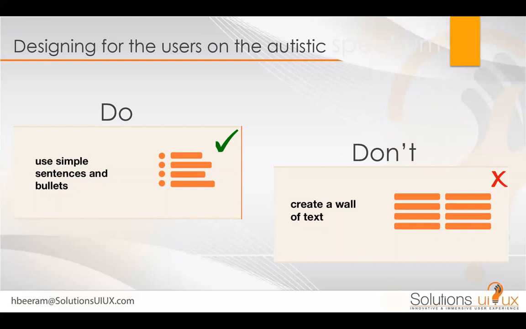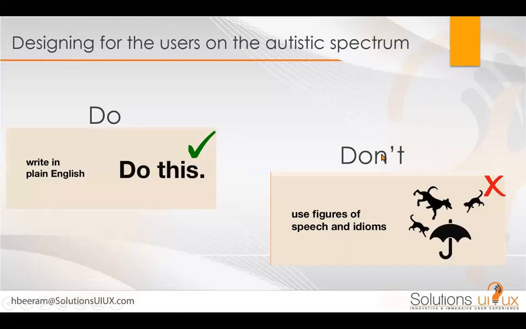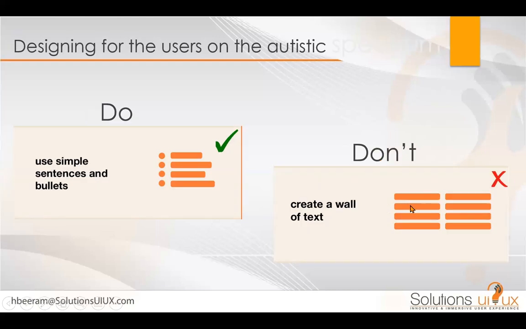As soon as you make it more complex, with everything scattered all over the place and a wall of text, it becomes confusing for their reading abilities, to go down, come back up, go down, come back up, and understand the context. So it's much better to stick to bullet points and leave some white space.